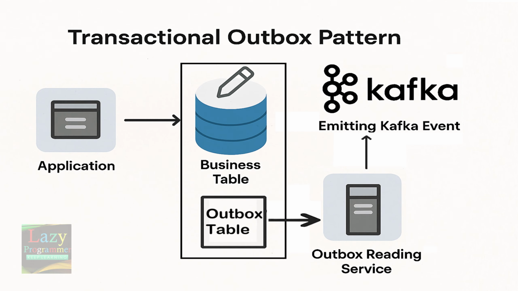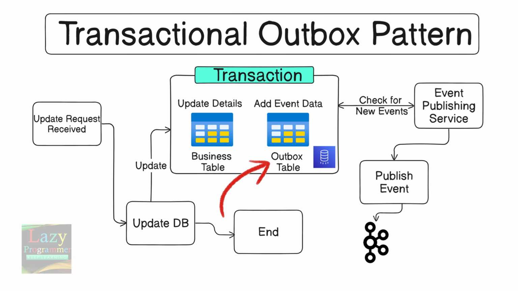So instead of performing a dual write directly to both the database and message broker, the application writes both the business data and the event data into the same database transaction. Now to implement this pattern, a separate outbox table is created in the same database. The table contains events that need to be delivered to the message broker.